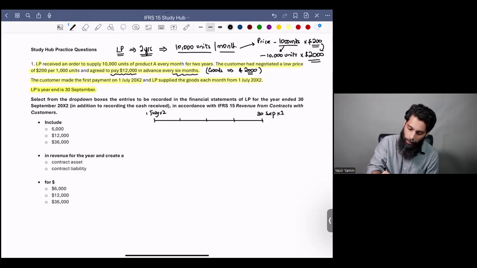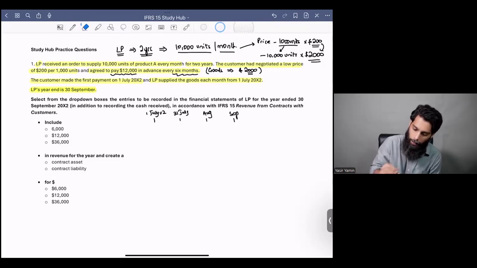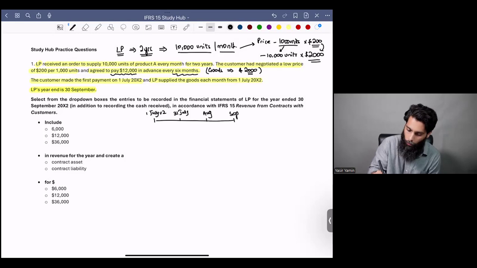So the first delivery would be 31st July, then August, then September. So we are technically talking about 3 months. $2,000 being delivered here, $2,000 being delivered here, $2,000 being delivered here.